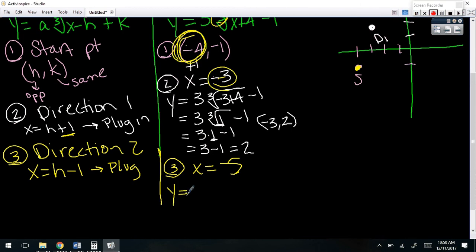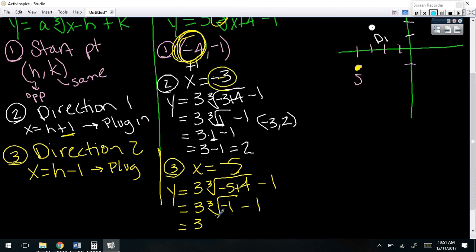I'm going to plug this in. So I got 3 times the cubed root of negative 5 plus 4, minus 1. This time, and this is where it's different, because remember, we couldn't have a negative under the radical when it was a square root. But what times itself 3 times gives you negative 1?